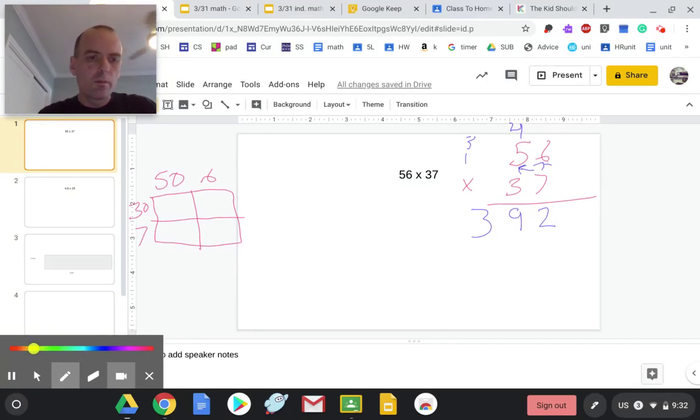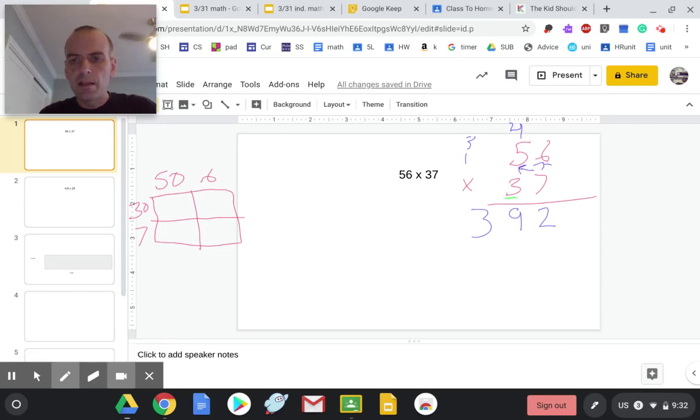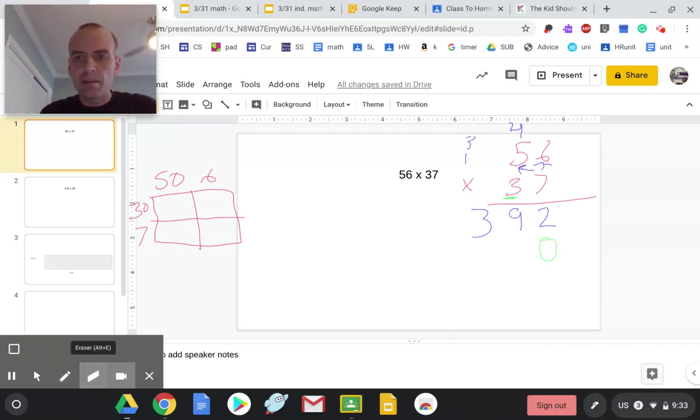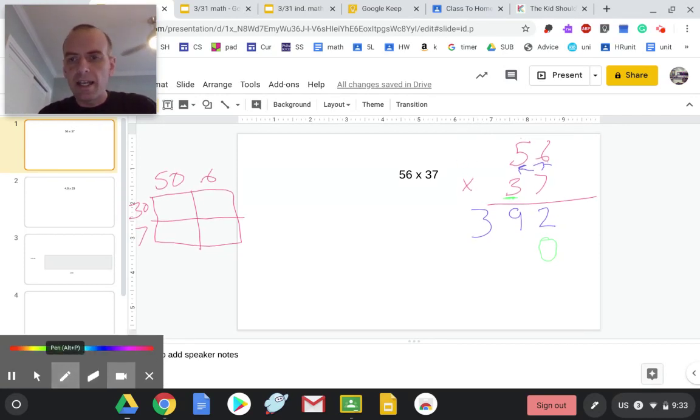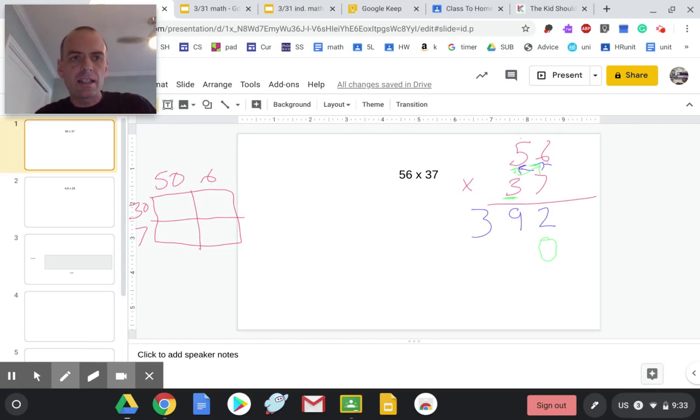Now we are to the tens digit, but it's in the tens. So we like to put a 0 there to let us know what we're doing is actually multiplying tens. I like to get rid of my stuff up here so that I know what I'm looking at. And again, each digit takes its own turn with the guys above.